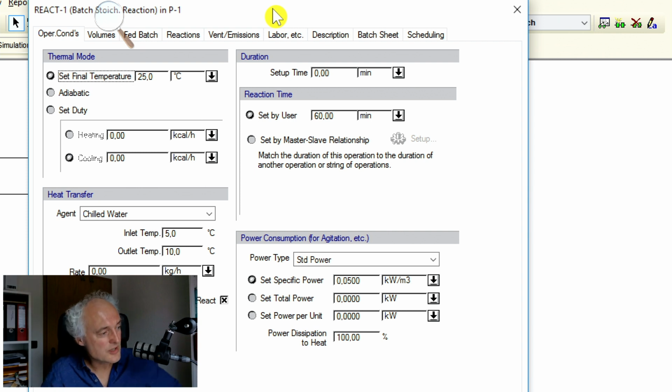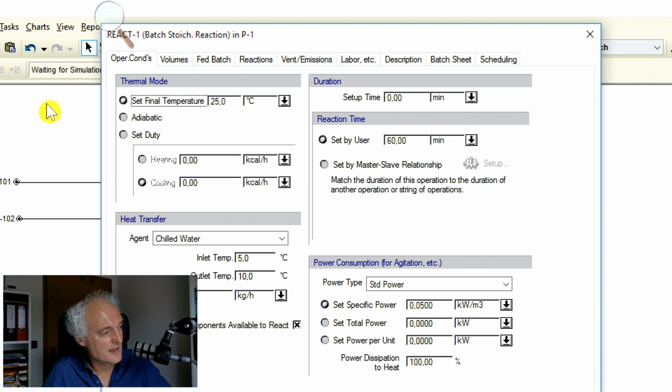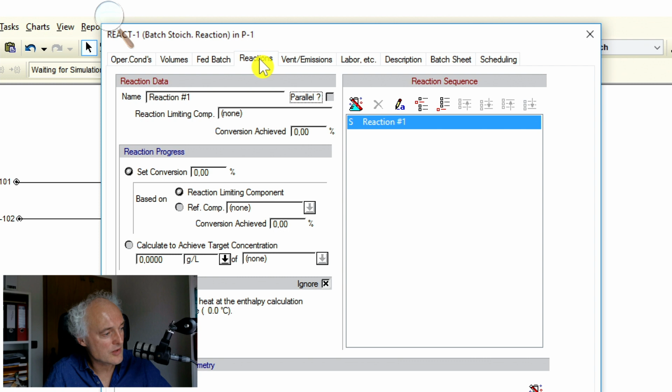Now, usually you can, of course, set this. We go to the first tab, but now we go to the tab reactions here. So not operation conditions. Here we leave everything the same, but we go to the reaction progress. And here we have set conversion. So here we can say how much percent to convert.